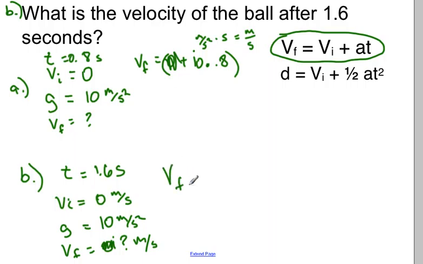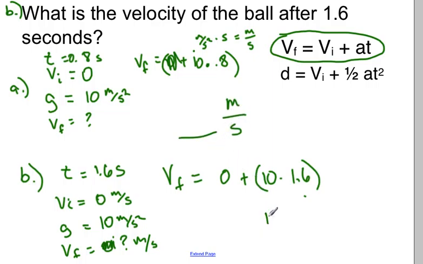So you just plug into VF equals 0 plus 10 times 1.6, and there's your answer. I'll let you plug that into your calculator. Again, the answers will have the units of meters per second. Make sure you include that in your final answer.